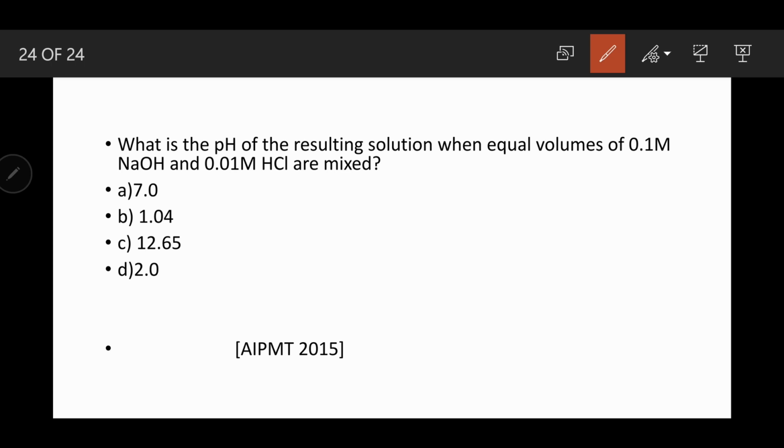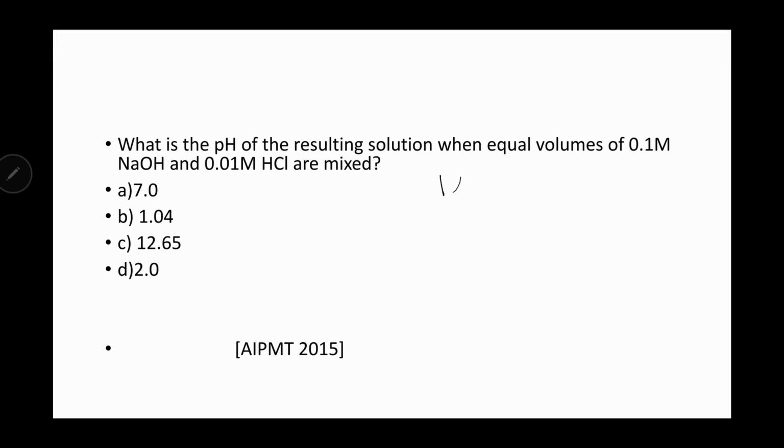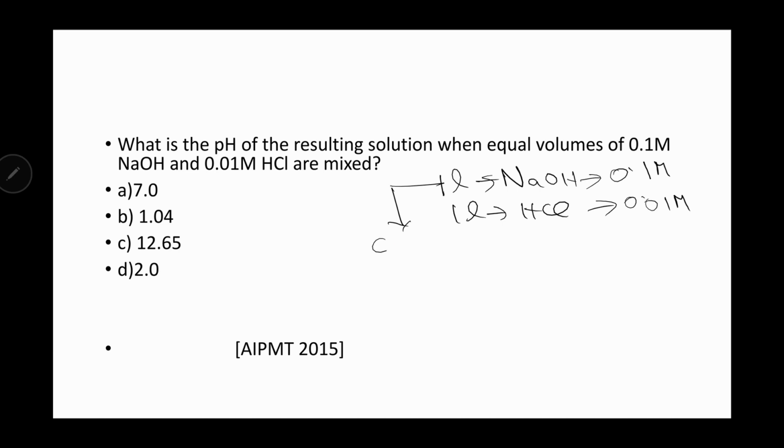In this question, let's assume that we have 1 liter of NaOH and 1 liter of HCl. 1 liter NaOH has a concentration of 0.1 M and 1 liter HCl has a concentration of 0.01 M, which means that NaOH has 0.1 moles in 1 liter, and HCl has 0.01 moles in 1 liter.